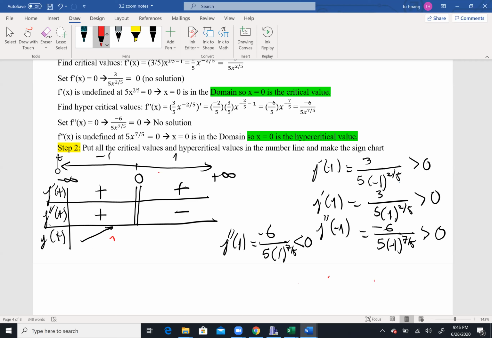Or maybe I'm just going to rewrite it as up here. Concave up, or upward. I say concave up. Okay. And then it keeps increasing from 0 to positive, but concave down.